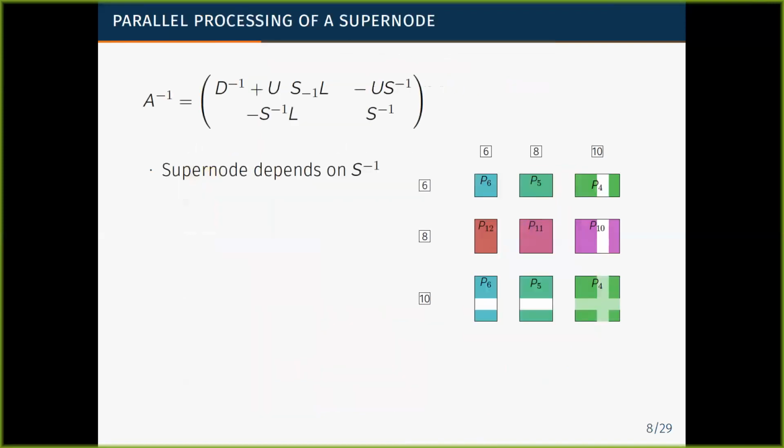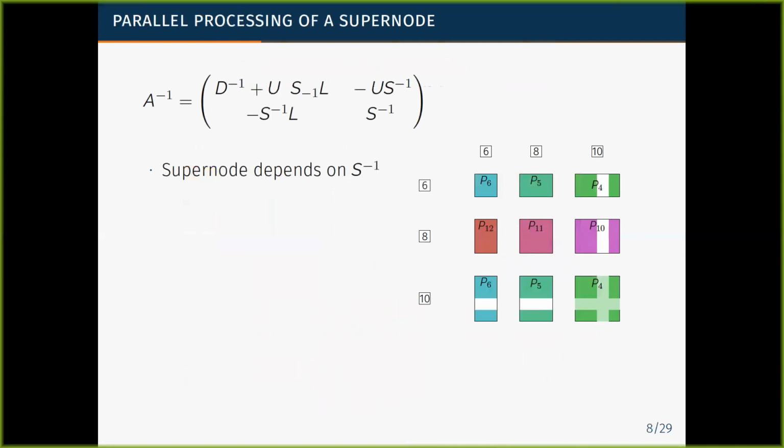So now, how do we compute a supernode? In the implementation of the selected inversion, we have basically two levels of parallelism. Here I'm not talking about hybrid parallelism. I'm really talking about the algorithmic level.